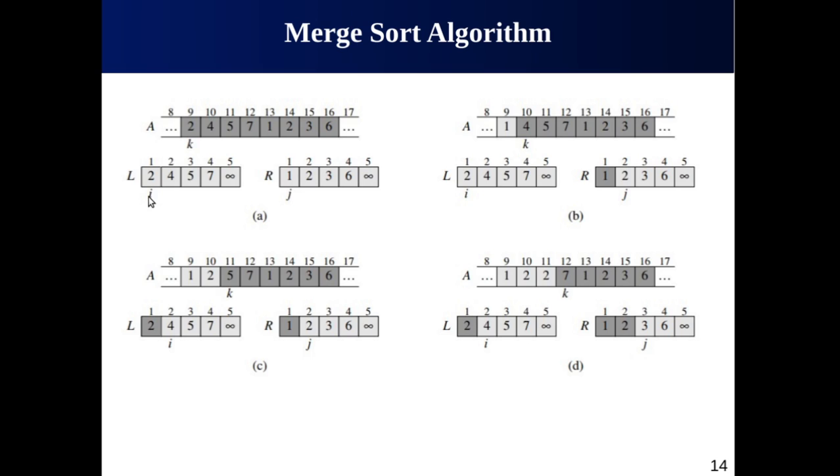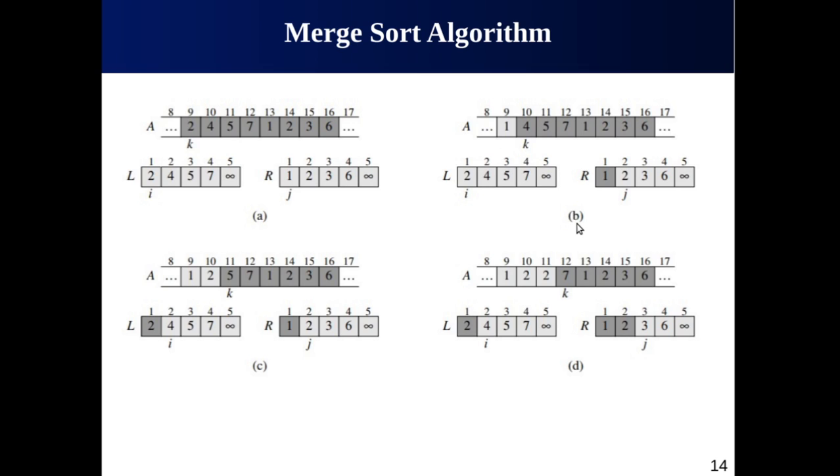In other words, compare the element stored at the ith location with the element stored at the jth location. After comparison, we came to know that 1 is less than 2, or the element stored at the jth location is actually less than the element stored at the ith location. So it means that you have to move this element to the kth location.